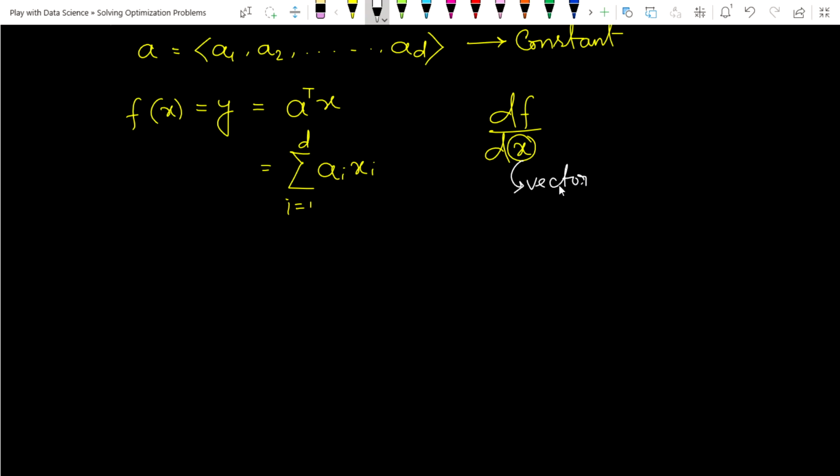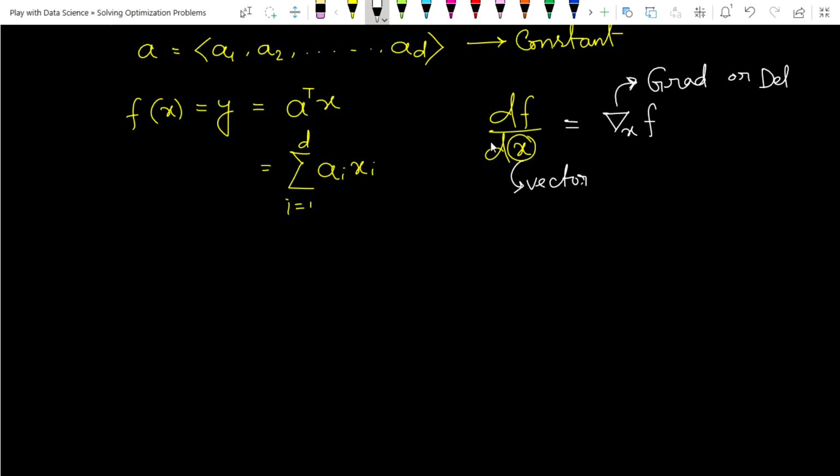X is a vector. So in such situations, we call the differentiation in the vector case the gradient. It is symbolically denoted by grad or del. This symbol is called grad, and we are differentiating with respect to x of the function f of x.